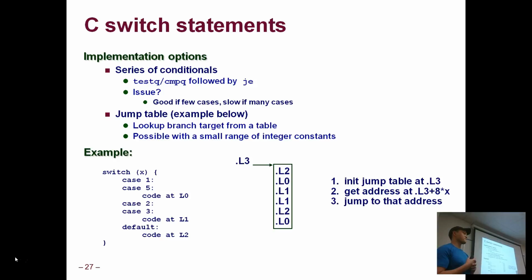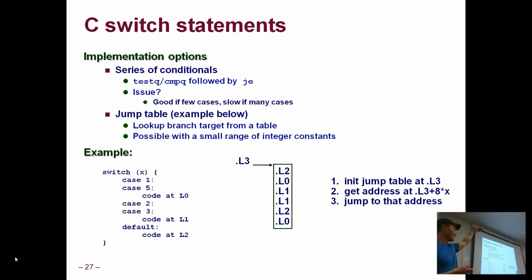Yeah. So what if it's not as linearly distributed, where you're dealing with, okay, if this value is x squared or x cubed or something, doesn't that mean your table has to be as big as that distribution? Yeah, as big as the range. What happens if you have one case that's 1 and then a case that's 2 million and then a default? What are you going to have, a table of 2 million function pointers?